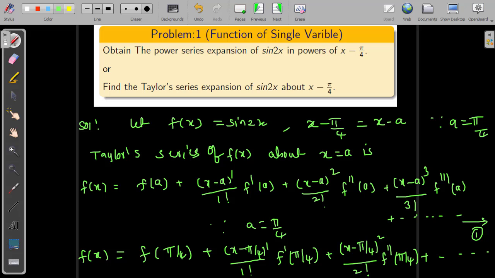I'm not writing it here. The rest of the subsequent terms are f triple dash of pi by 4, f fourth derivative of pi by 4, plus again so on. Let's mark this as equation number 2.